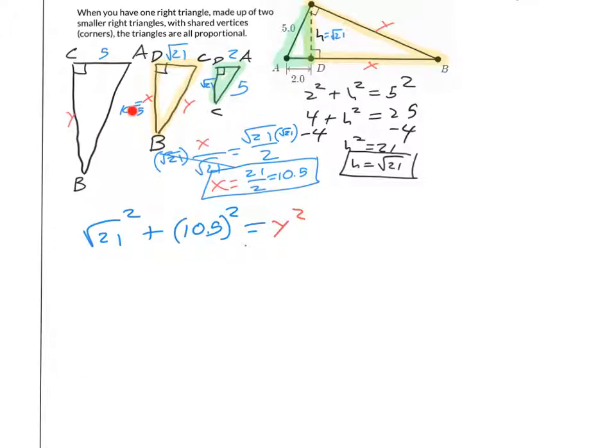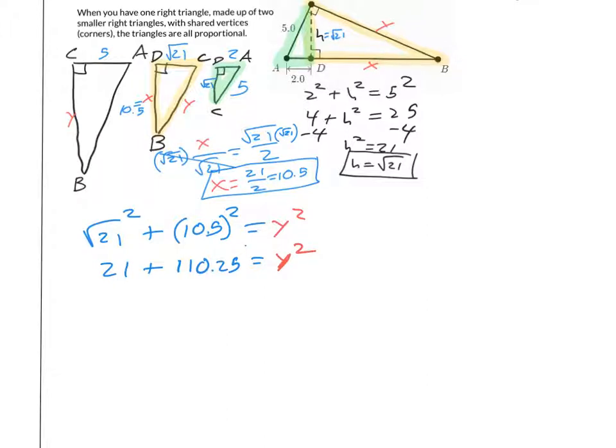Right? A squared plus b squared has to equal c squared. So let's just do this math here. The first one's easy. The square root of 21 squared, well, that's just 21. 10.5 squared, maybe worth just plugging in your calculator. 10.5 squared is 110.25. And this equals whatever y squared is.